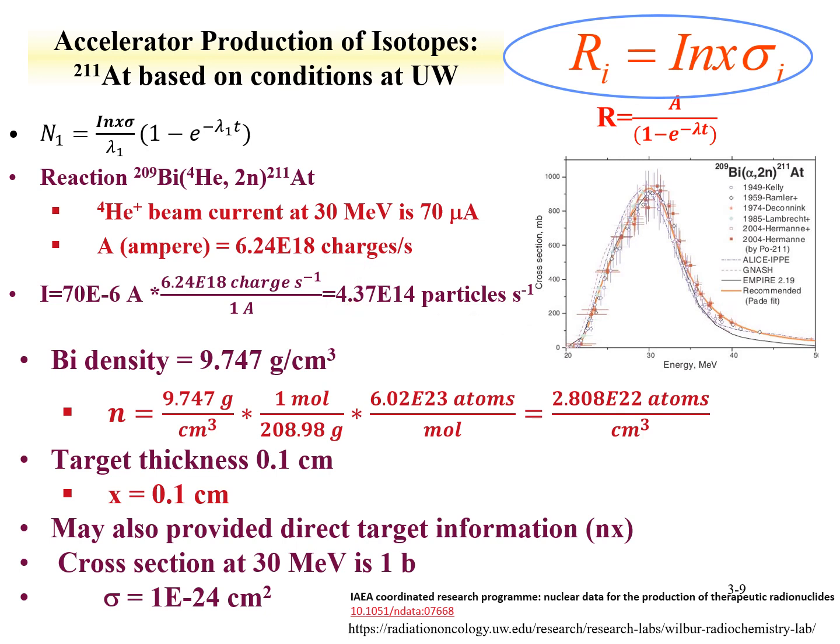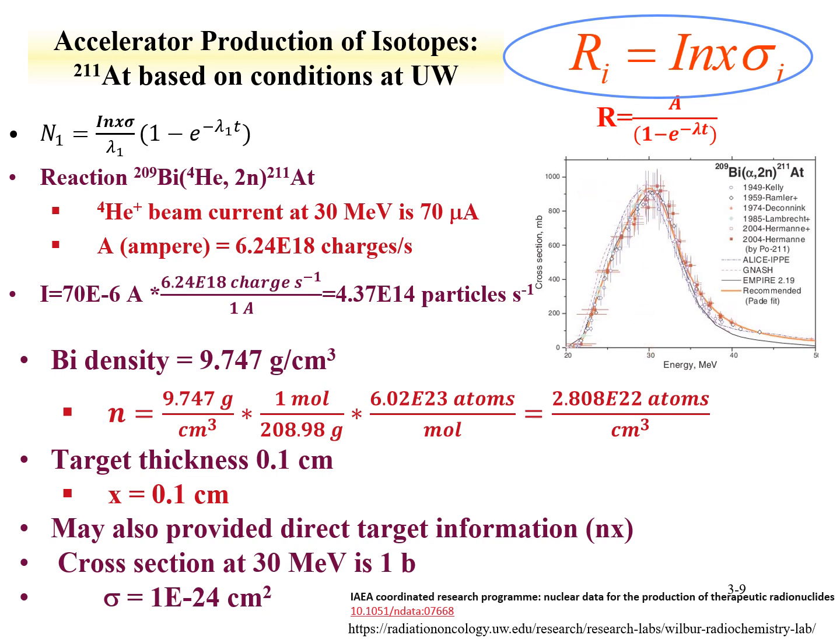And then target information, which includes the atom density, so atoms per centimeter cubed, times the target thickness, which gives centimeters squared. And then we get the cross-section, which is shown here from experimental data.